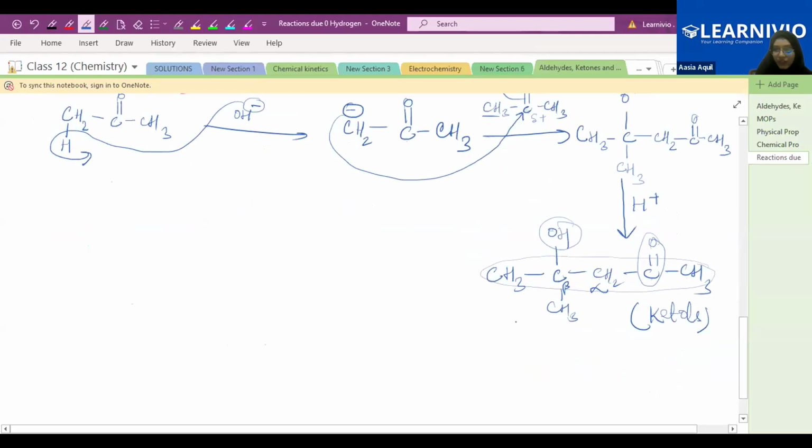So on the fourth position there is a hydroxy group: 4 hydroxy, 4 methyl, and 1, 2, 3, 4, 5, so pentane. The ketone is on the second carbon, so pentane 2 one.